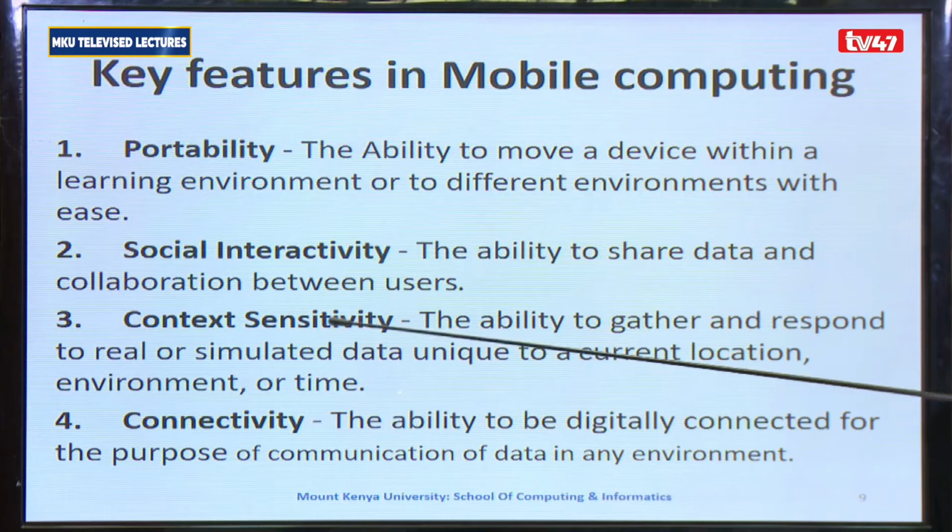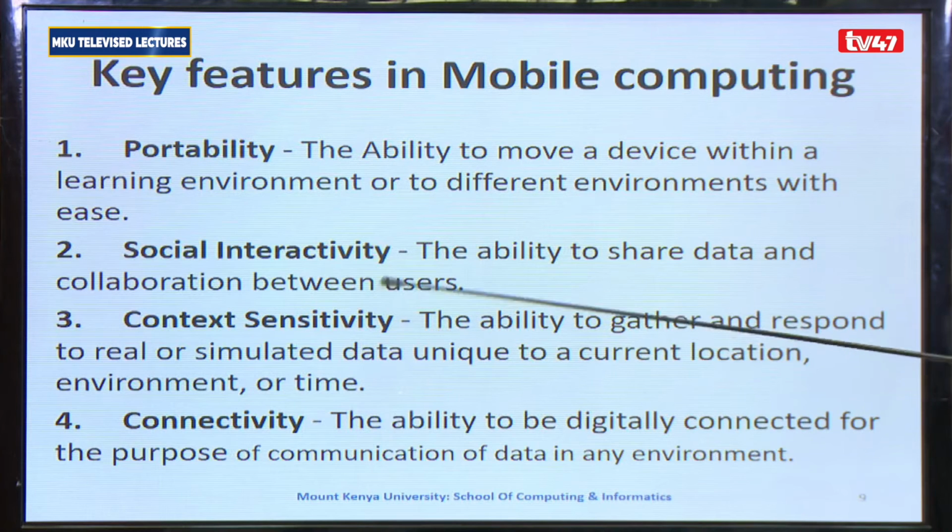The other key feature or characteristic of mobile computing device is context sensitivity. This is the ability to gather and respond to real or simulated data unique to the current location, environment, or time.